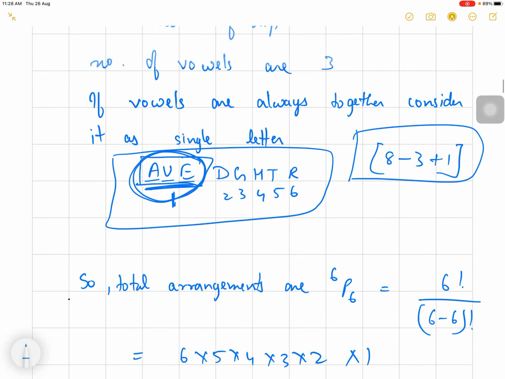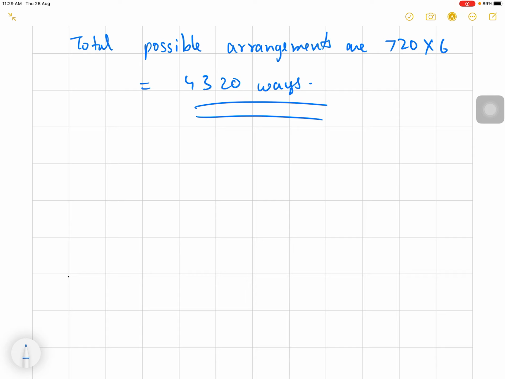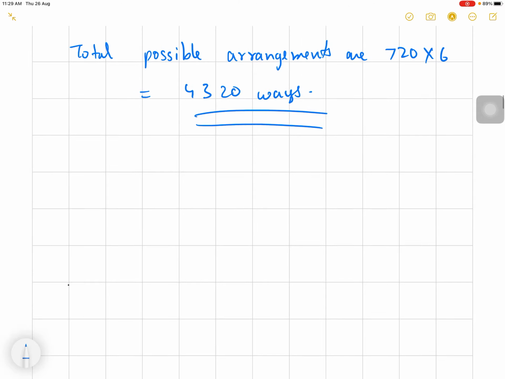Okay. So 4,320 ways are the number of ways where vowels are always together.